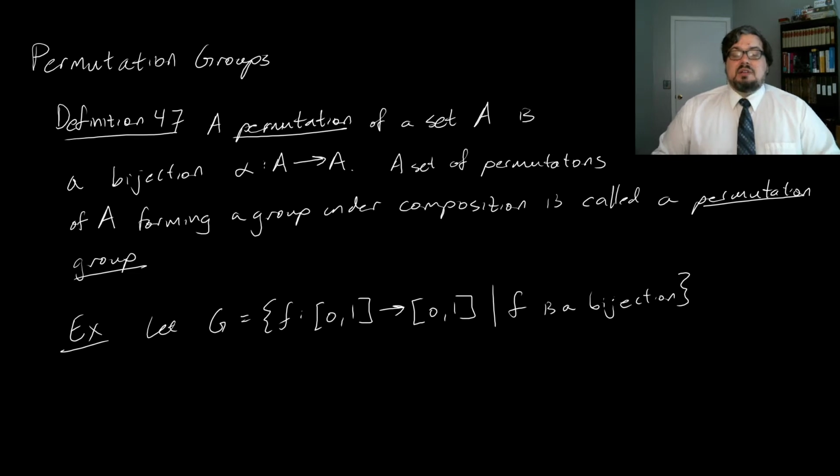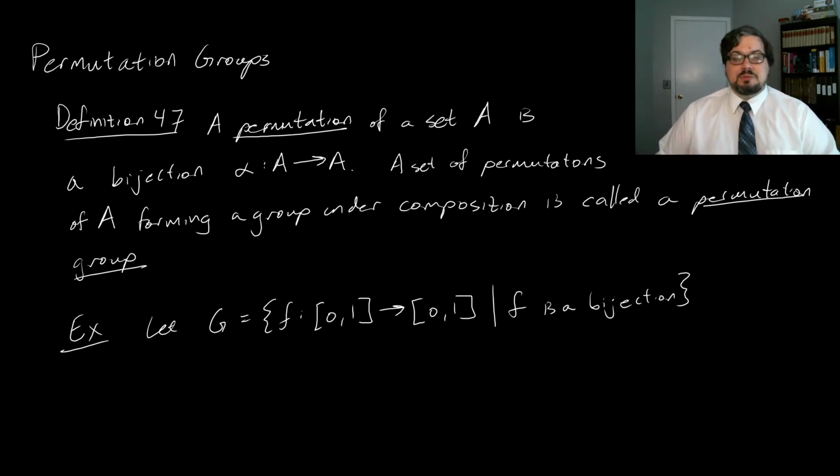Because f here is a bijection, it satisfies the definition of 47, and it is a permutation of the interval from 0 to 1. And then this set G is a group that is formed of bijections of the interval 0, 1.